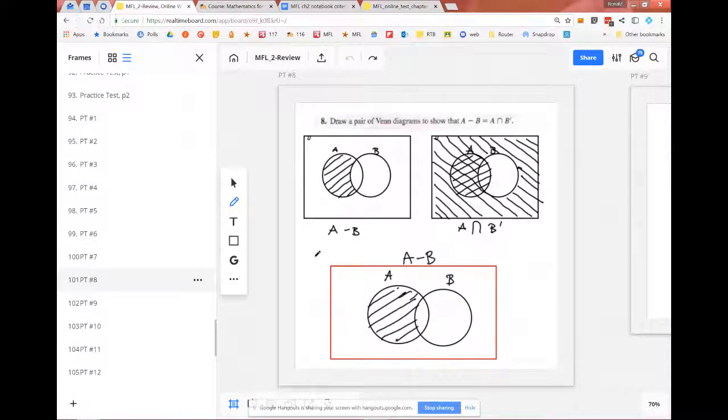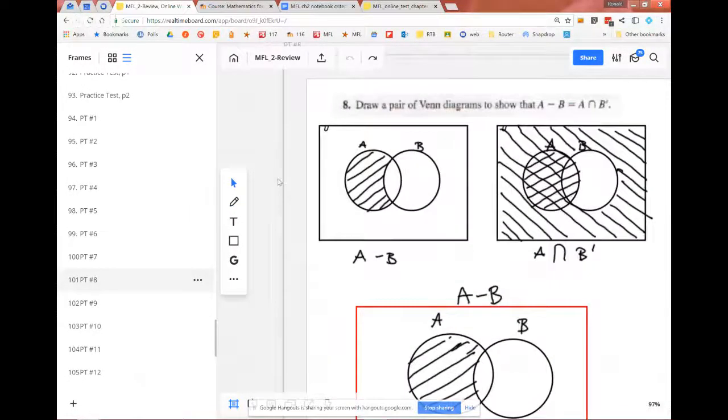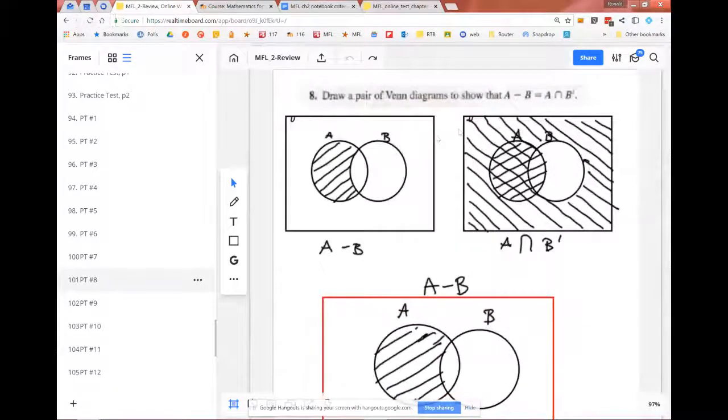Okay, so I've got number 8 up. It says draw a pair of Venn diagrams. On the left side, you have A minus B, and on the right side, you have A intersect B complement.